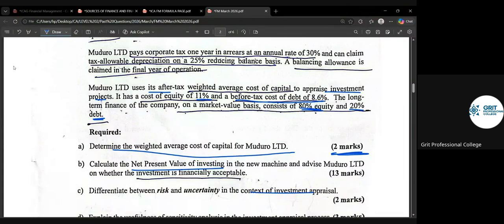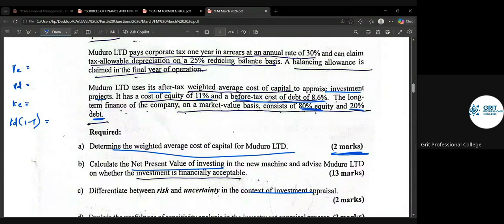So VE, VD, KE, and then you need KD(1 minus T). Now, instead of giving you the money value of the company's equity or debt, which form part of their capital structure, they gave it to you in percentages.